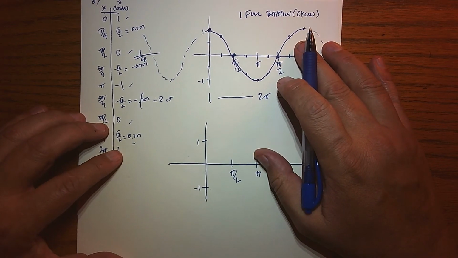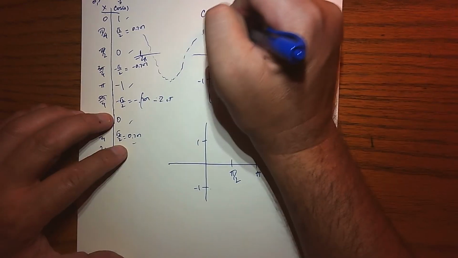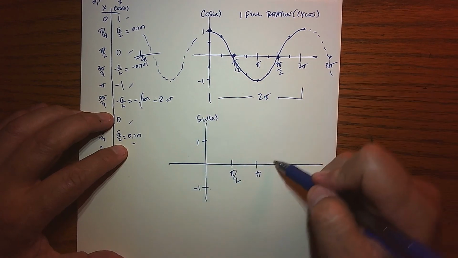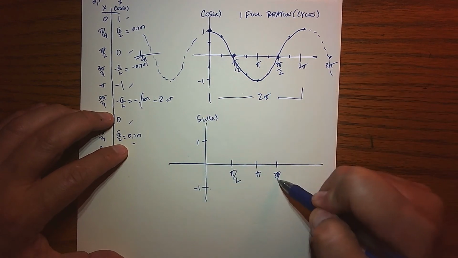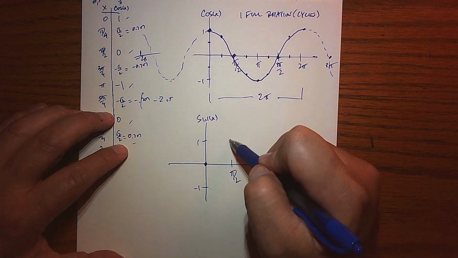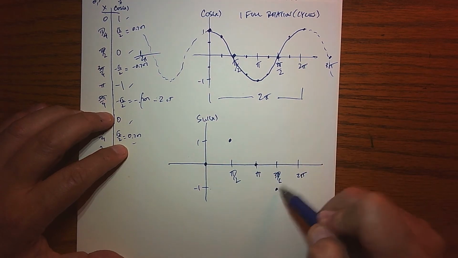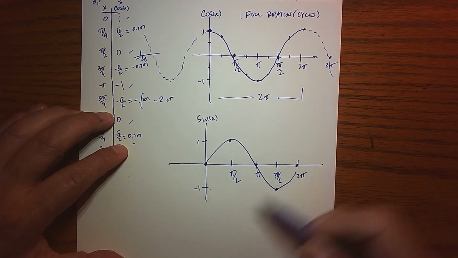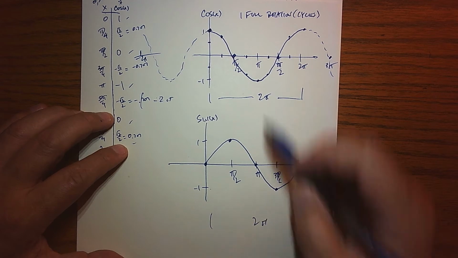So there's cosine, and here's sine, and this started at 0, reached a high point, 0, reached a low point here. So there was our sine graph over the same period, or one full rotation.